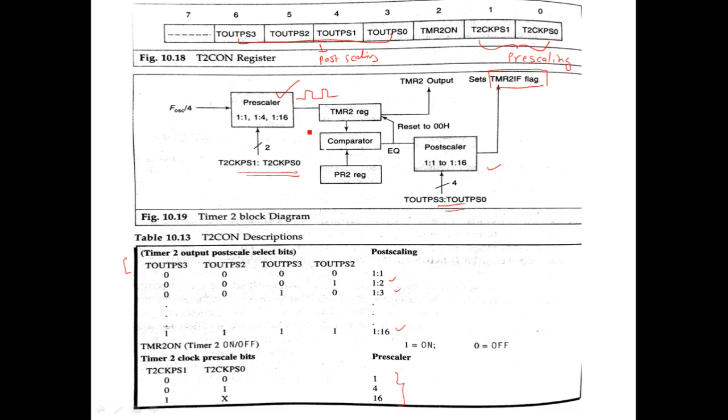You can understand that your timer is basically an 8-bit timer. Suppose pre-scaling and post-scaling were not available, then this timer would divide the frequency at the most by 256.